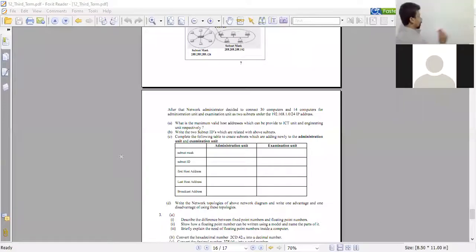Now they are asking: administration unit, examination unit, the mask, then subnet ID, that is network ID, first host address, last host address, and broadcast.